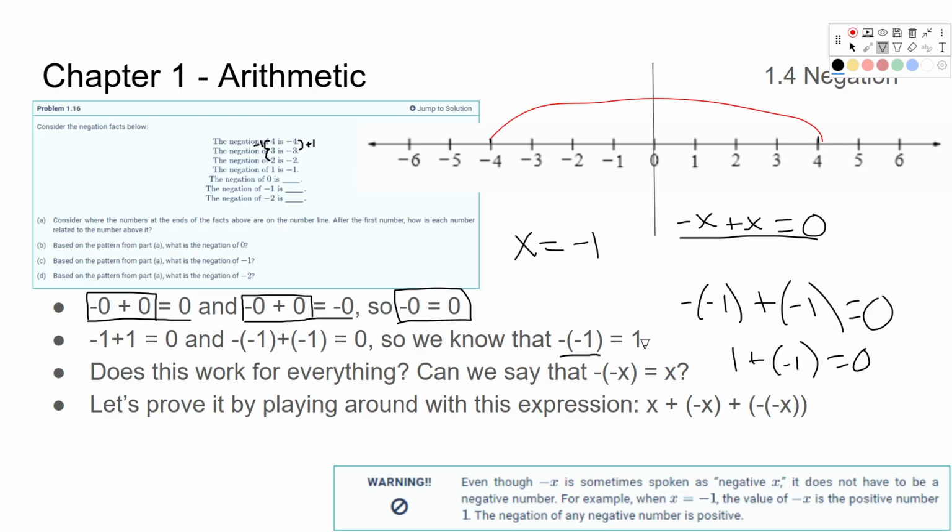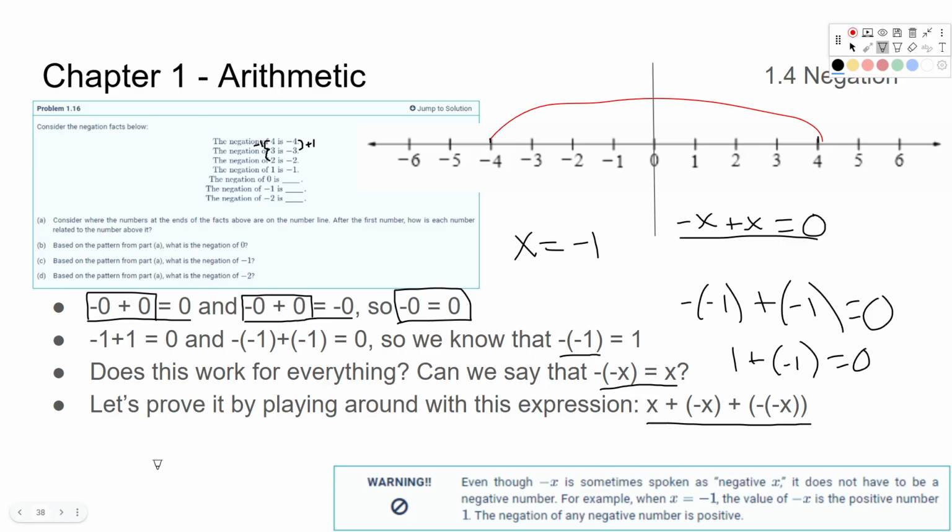Does that work for everything? So can we say that negative x is x? In order to prove that for all x's, because we saw that it worked for -1, and everything worked out okay, let's go ahead and play around with this expression right here.